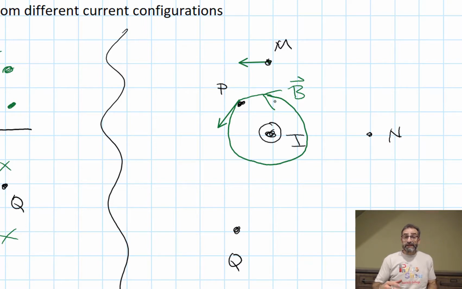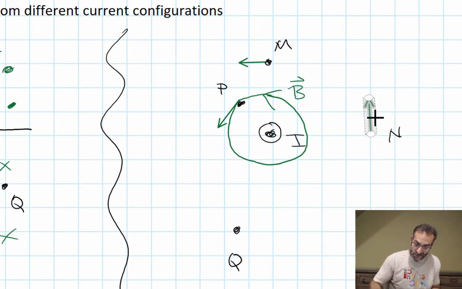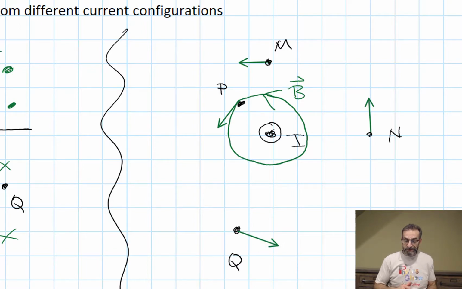Because my magnetic field at that point is a larger circle with the magnetic field running counterclockwise. At N, my magnetic field points toward the top of the page. And at Q, it would be tangent to the circle, probably in a direction like that.